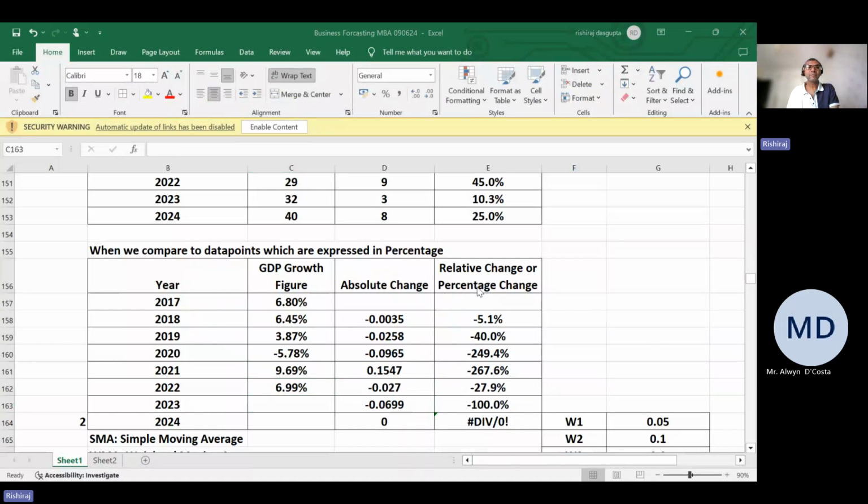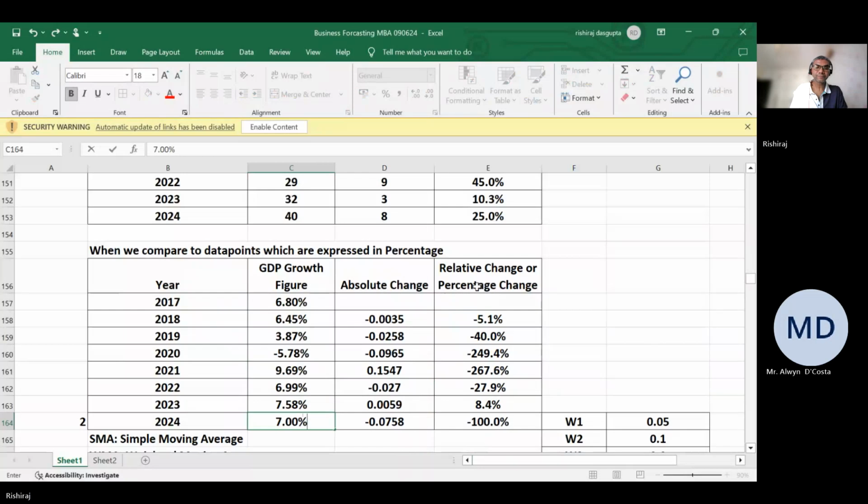Then 7.58% and 7%. This is the annual GDP growth figure, not quarterly GDP growth. So these are the last 7 to 8 years of GDP growth. This is a growth figure.